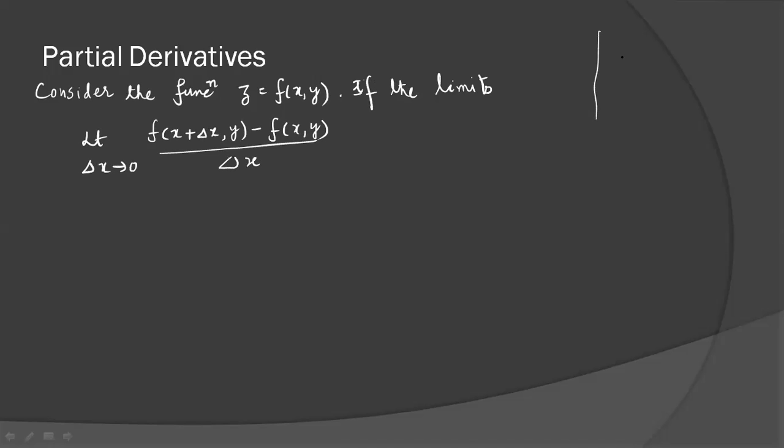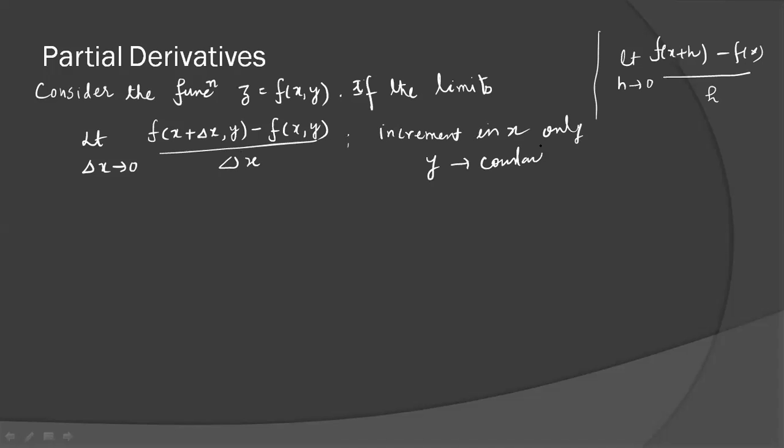Remember, this looks like the limit h tending to 0, f of (x plus h) minus f(x) over h. Here h is replaced with delta x and a new variable y is involved. But y is not changing here. We are changing only x, or we are doing an increment in x only. y is treated as constant.